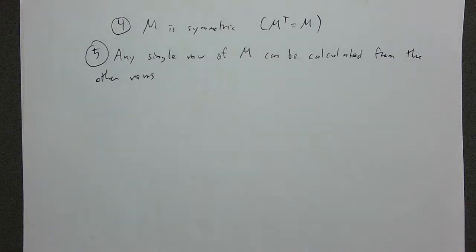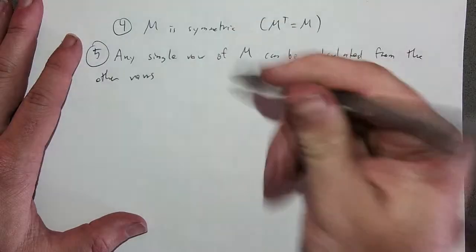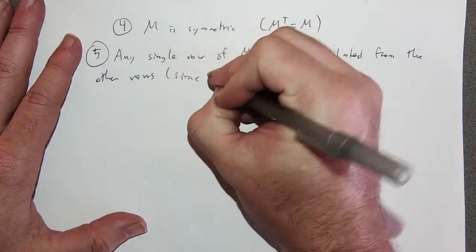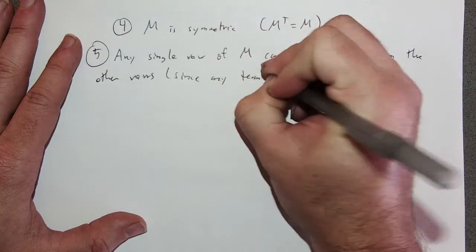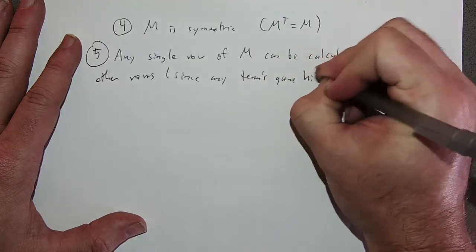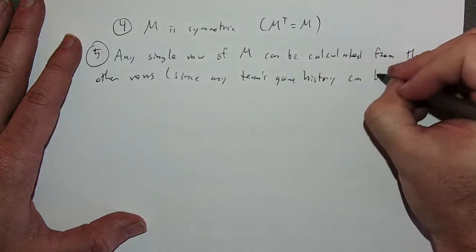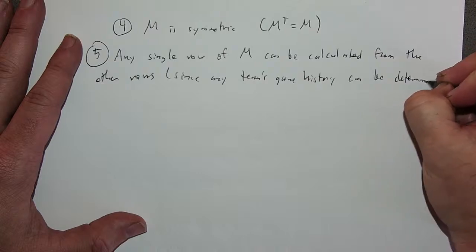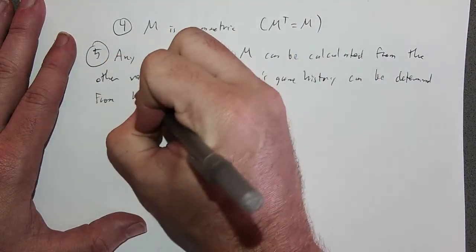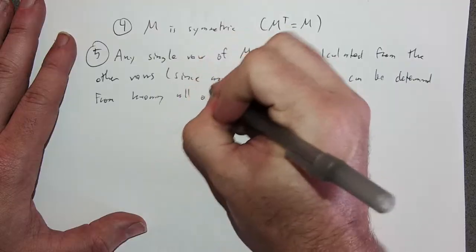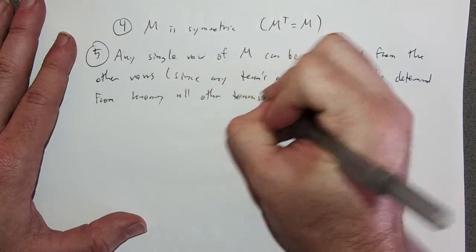Because I know the records against all the other teams, so I can reconstruct that first row from all the other rows just because I have all of the info already. Okay, so this is since any team's game history can be determined from knowing all other teams' game histories.